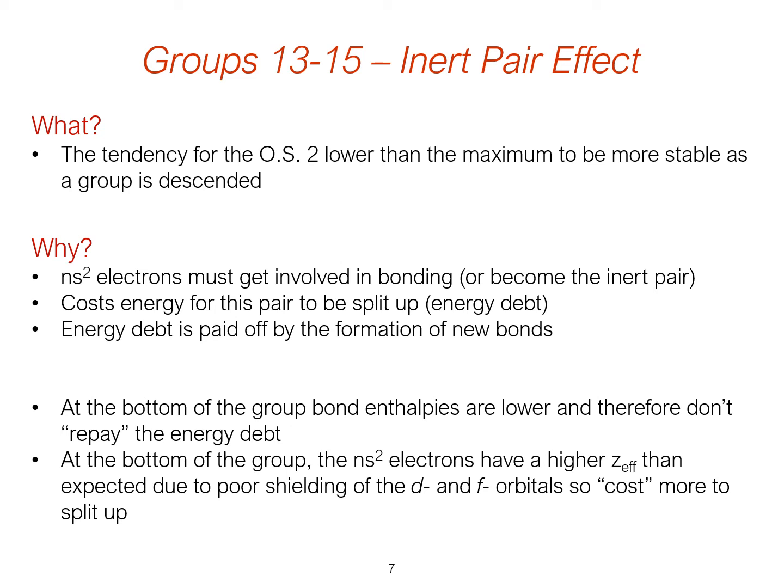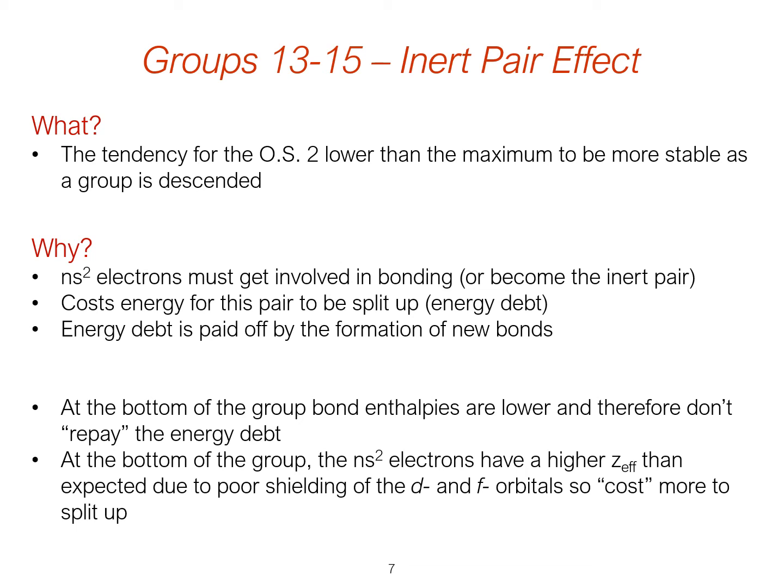If we go to the bottom of the group and look at lead, when that makes an oxide, it only makes PbO. So lead is in the oxidation state two lower than the maximum, which is +2 rather than +4, because this is more stable. If lead were to try and make the oxide PbO2, it would be in the +4 oxidation state, which is really unstable, and it would be a hugely powerful oxidizing agent.